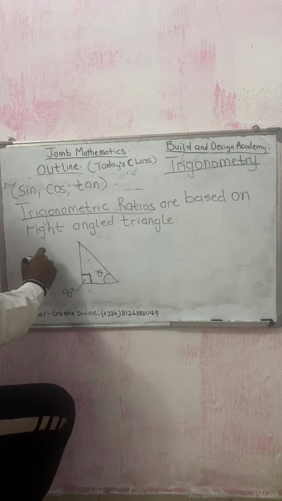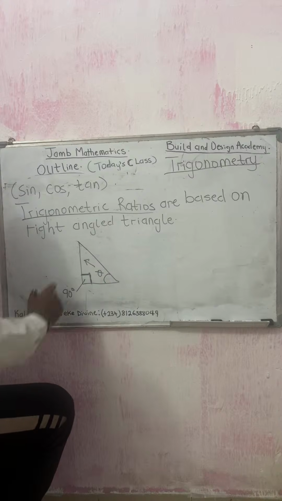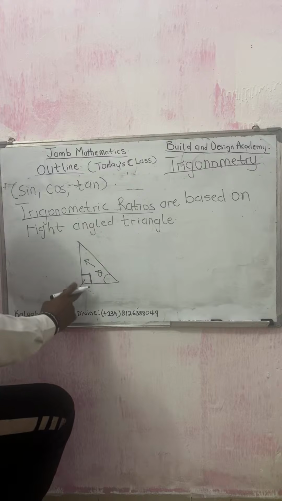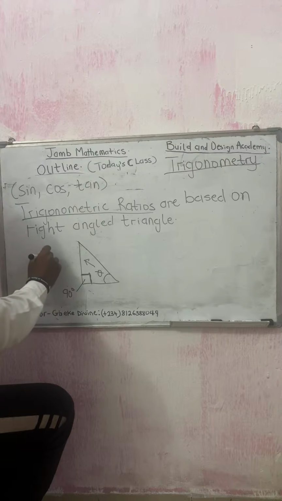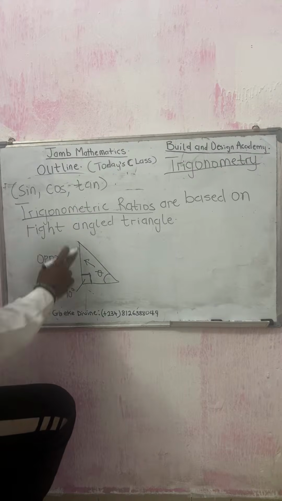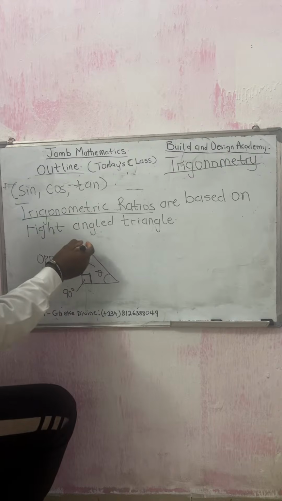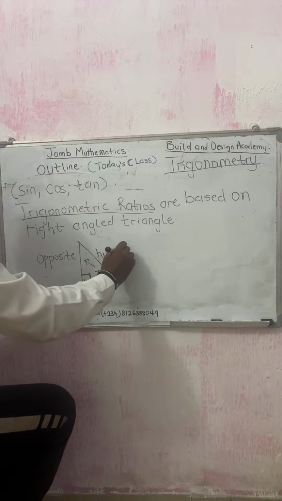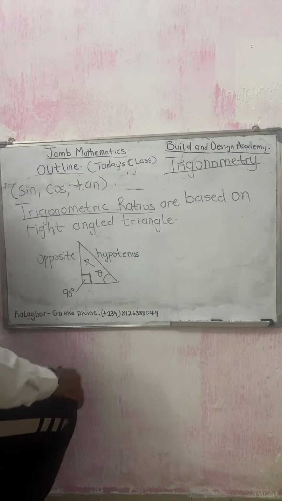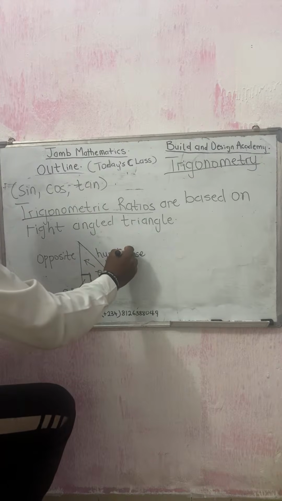This part that is facing the angle theta, or this part opposite the angle theta, is called the opposite. While the diagonal length, which is the longest length, is called the hypotenuse.